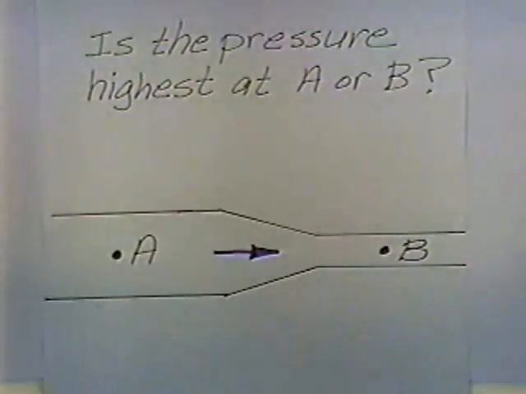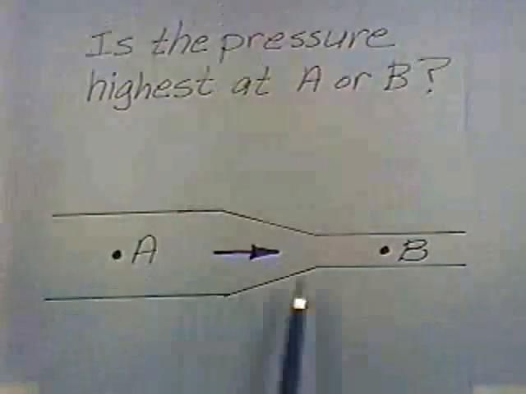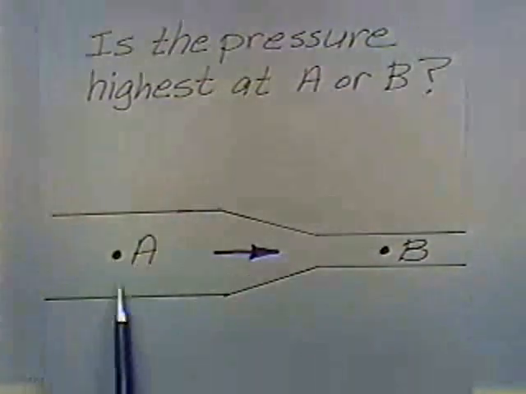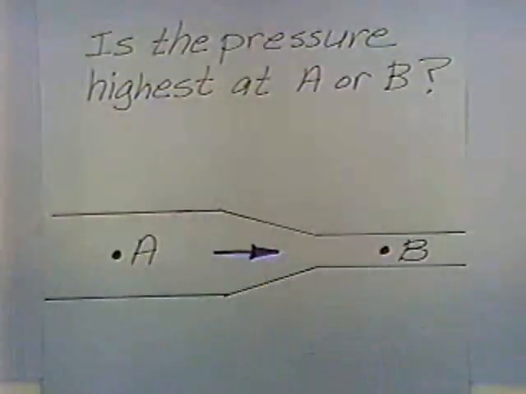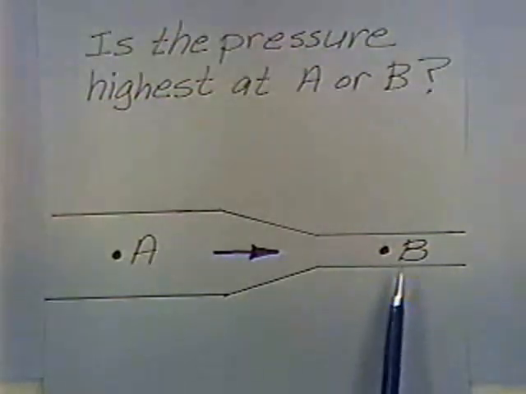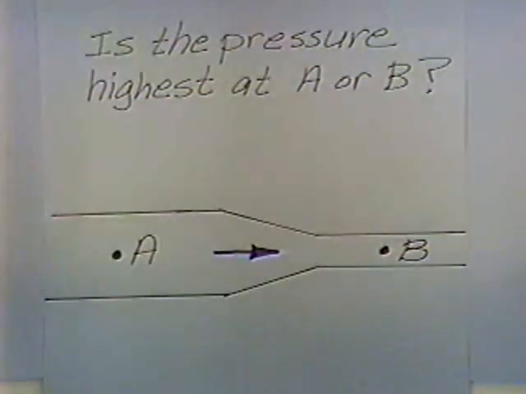It's horizontal, so the elevation head's the same. The flow is from left to right, and the diameter of the pipe changes. And so intuitively, I like to ask this question because it illustrates that in hydraulics, things really aren't the way they seem intuitively. To me, B seems like the right answer intuitively, but it's not.